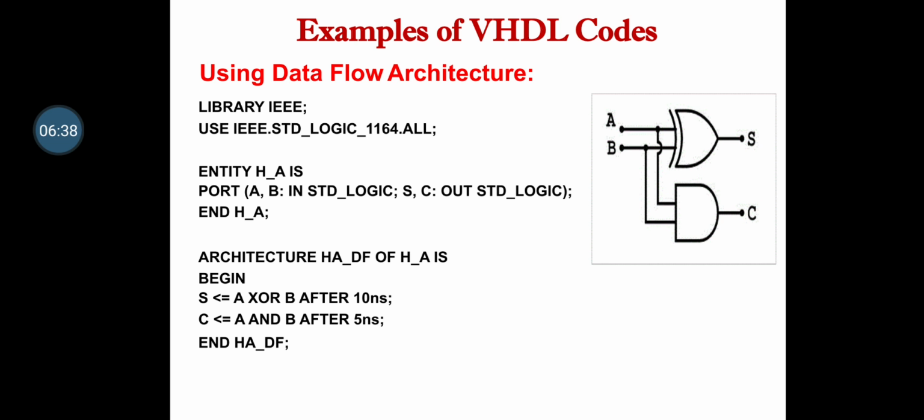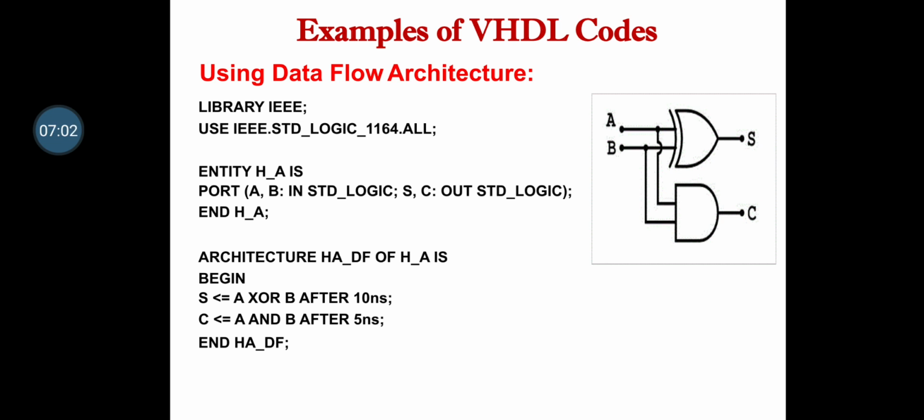Architecture, and then you give a name to the architecture: half adder underscore df of the entity half adder is. Is is the reserved word, and we start with begin and write the equations.